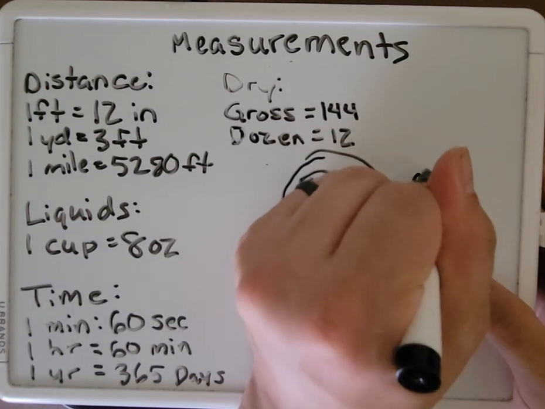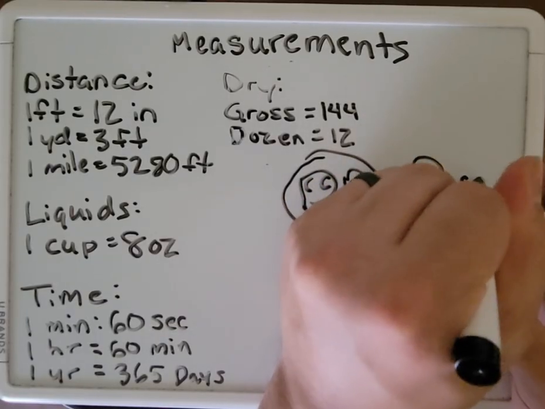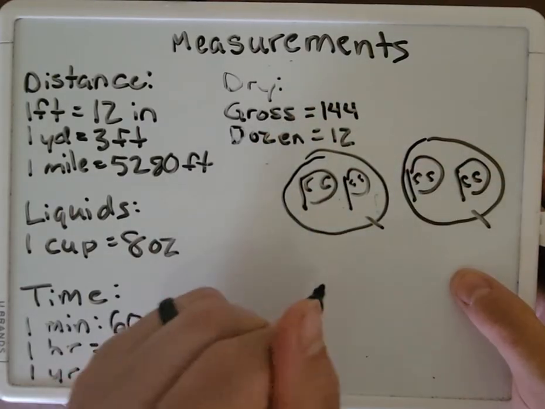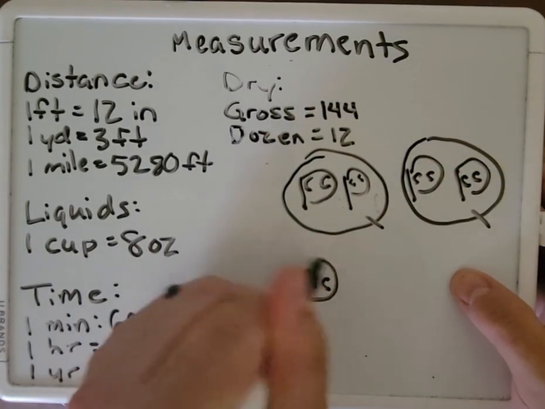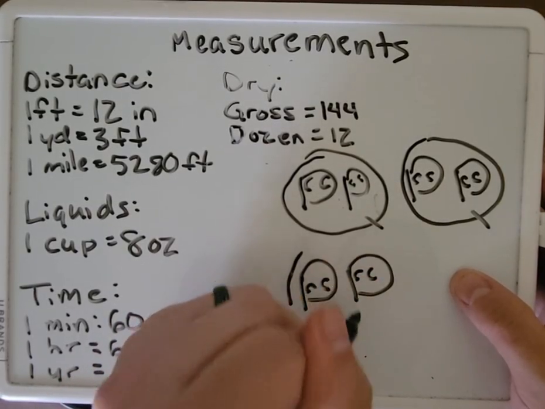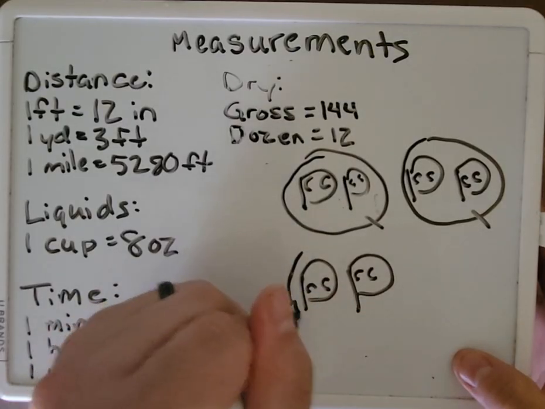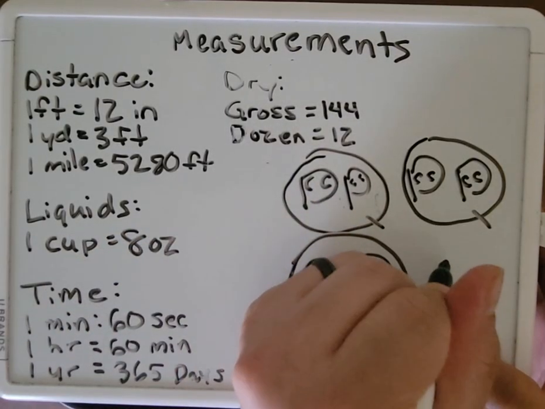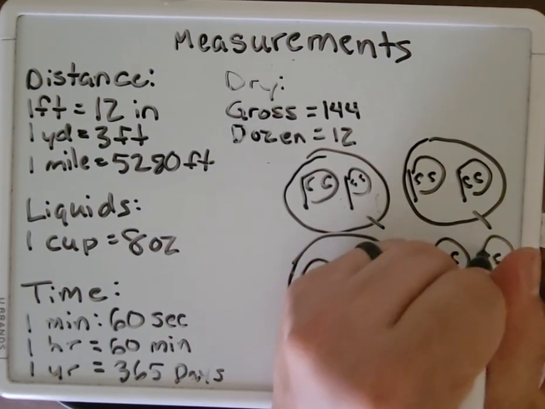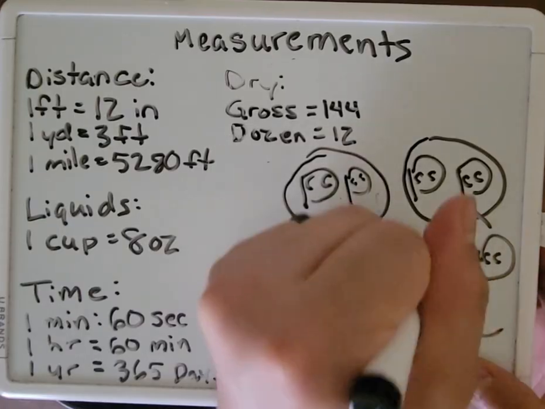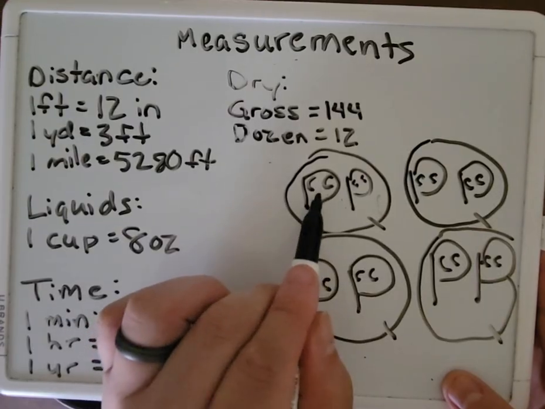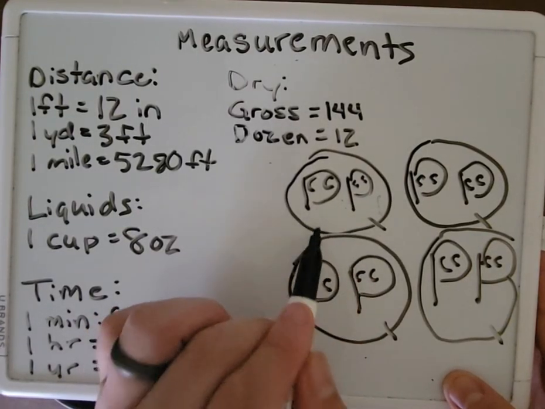So C, P, so you see how there's 2 C's in the P, 2 P's in the Q, right?